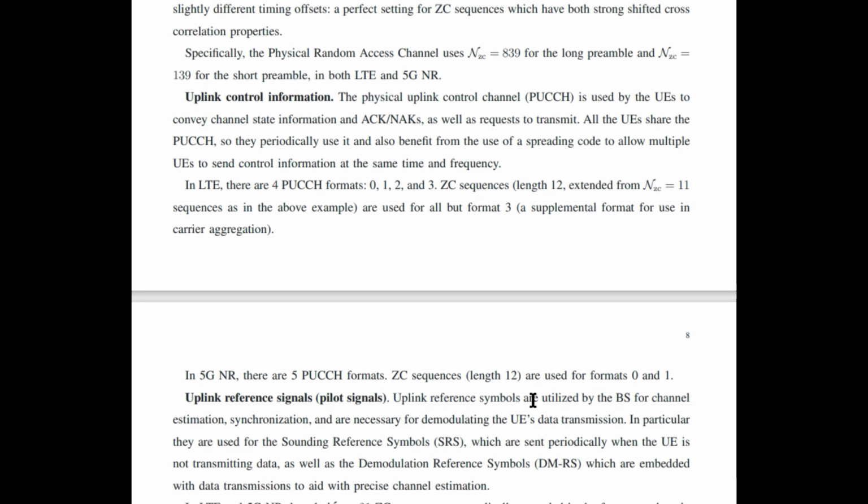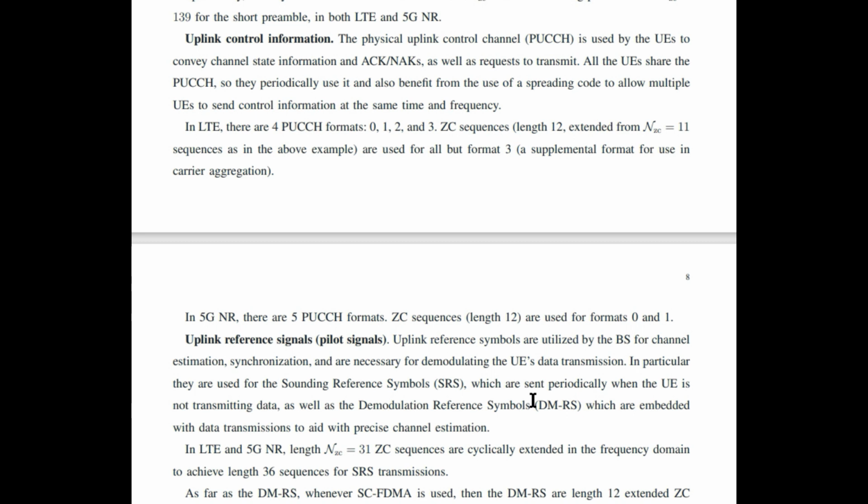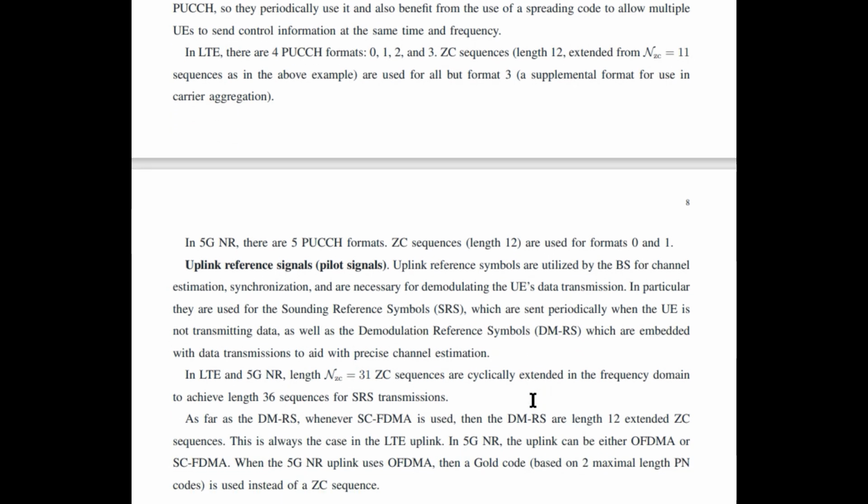Okay, yeah. Uplink reference signals, also called pilot signals: uplink reference symbols are utilized by the base station for channel estimation and synchronization, and are necessary for demodulating the UE data transmission.